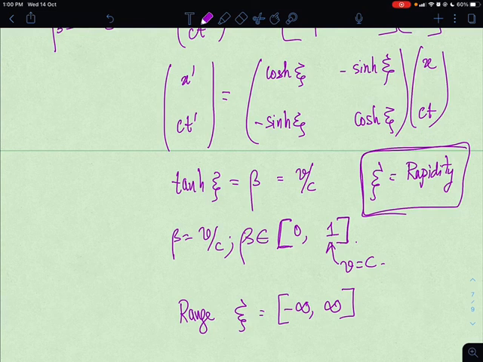So, in the limit when beta becomes 1, or v by c is equal to 1, what happens to psi? Psi becomes positive infinity, so infinitely rapid.